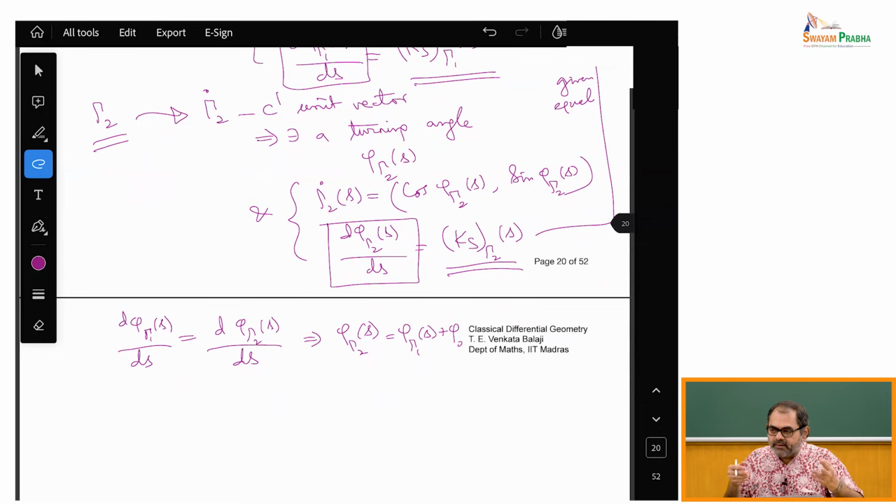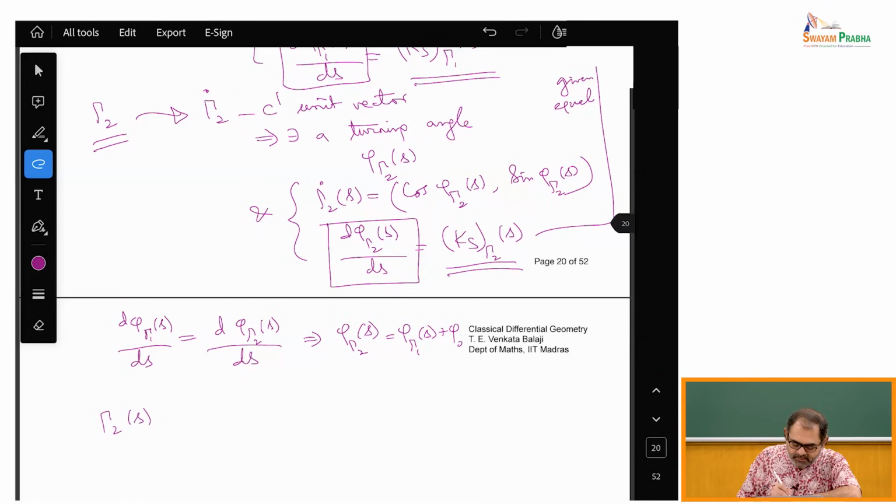But how do you get gamma 2? You can get gamma 2 by integrating gamma 2 dot. And how do you connect gamma 2 dot with the turning angle? Gamma 2 dot is cos phi gamma 2, sin phi gamma 2. So that's the way we have to go. So gamma 2 of s minus gamma 2 of s naught is equal to the integral from s naught to s.